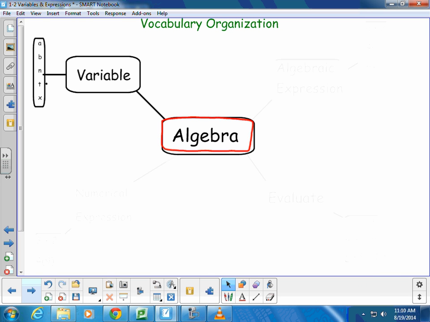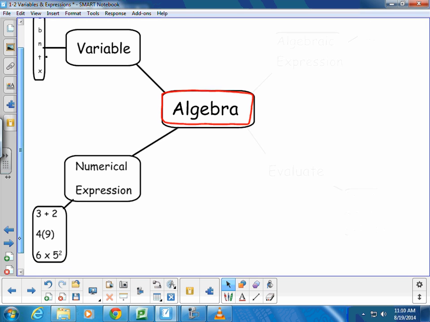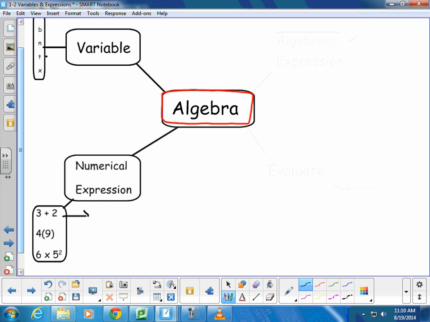Yesterday we did things with numerical expressions, so I thought that would be important to show you right now. Numerical expressions, we just had those operations. 3 plus 2. That's a numerical expression. It has numbers and an operation. 4 times 9, numbers and an operation. And 6 times 5 squared has 2 operations, the exponent and the multiplication, as well as numbers.